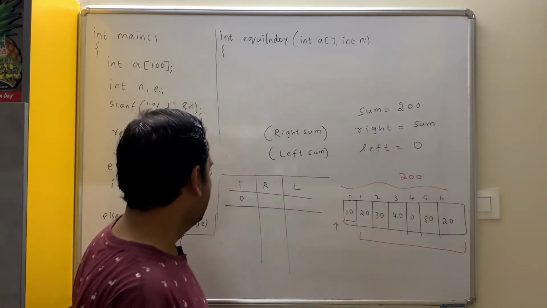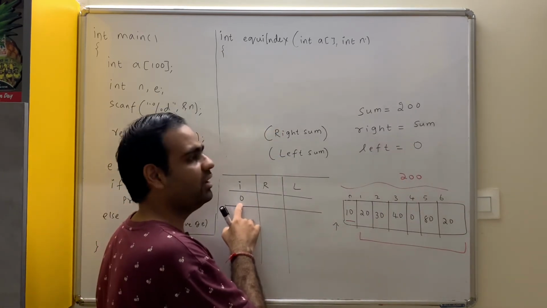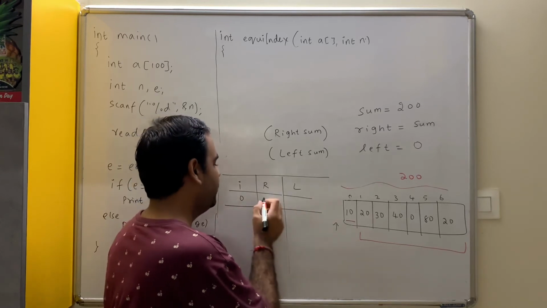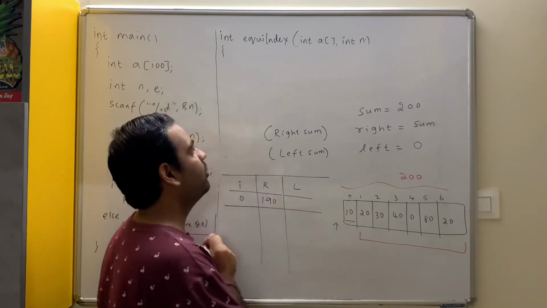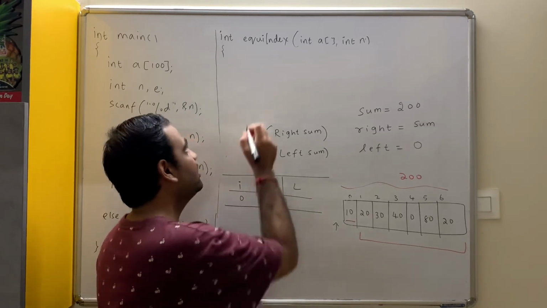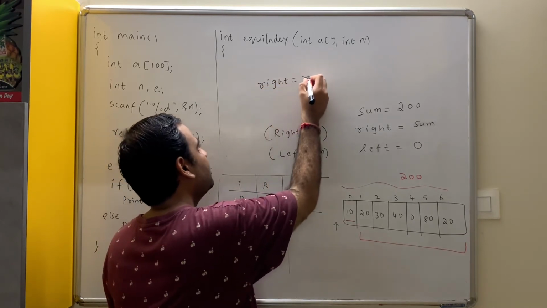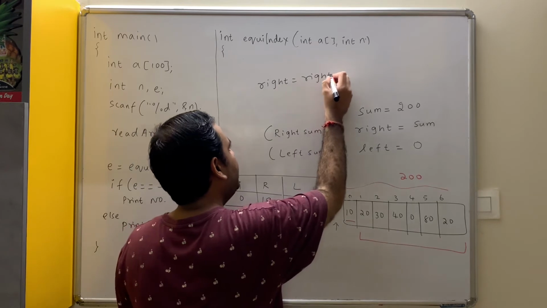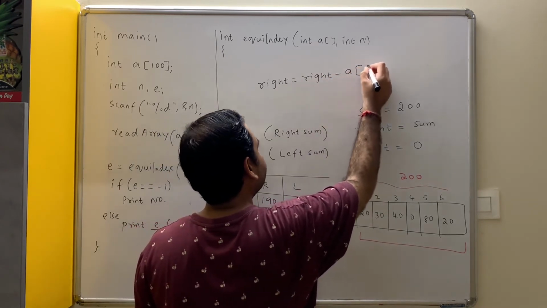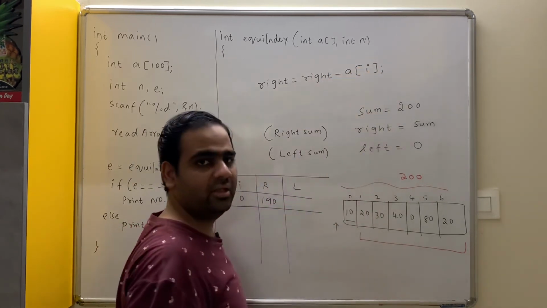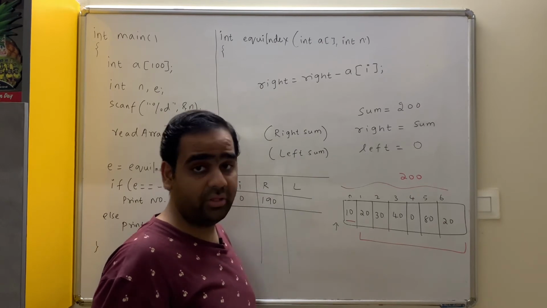Now, at index 0, what is the right sum? The right sum is 190. And how do you get 190? You say right is equal to right minus a of i.